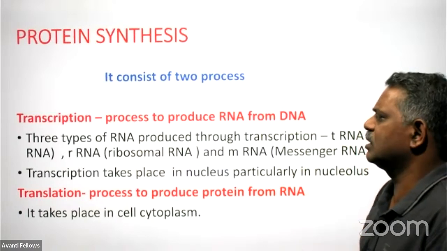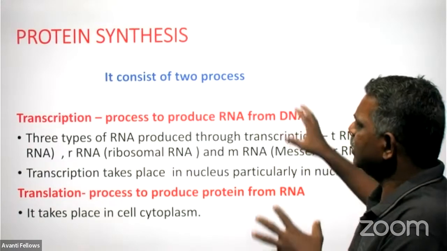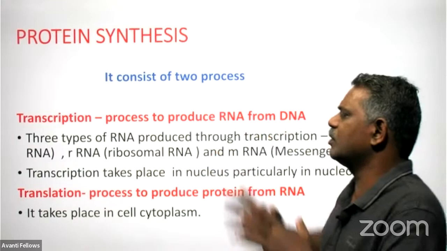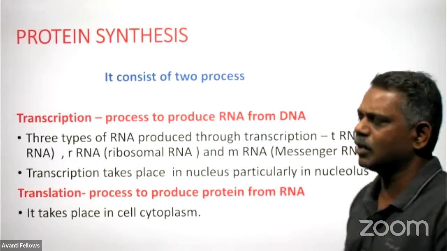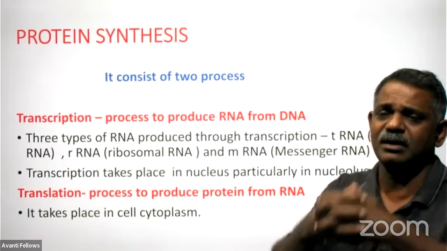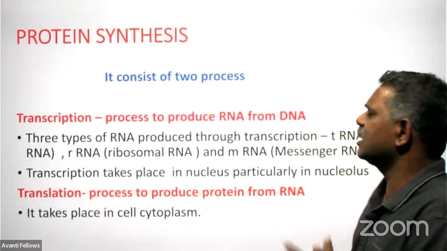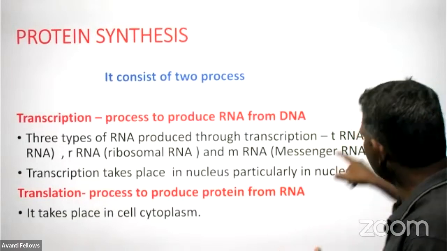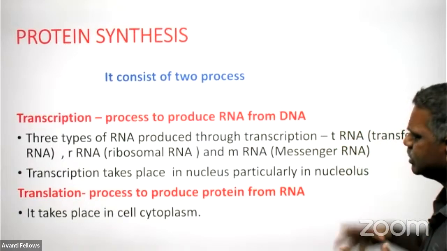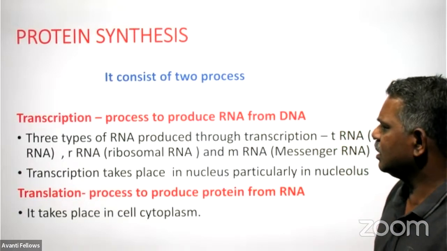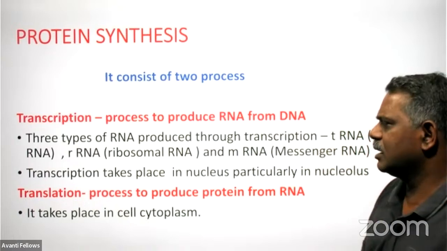The transcription. And normally DNA produces three types of RNA to synthesize a protein to express a character in the individual. These are tRNA, transfer RNA. Whenever you write the tRNA, the t should be in a small letter only. And it is the transfer RNA.